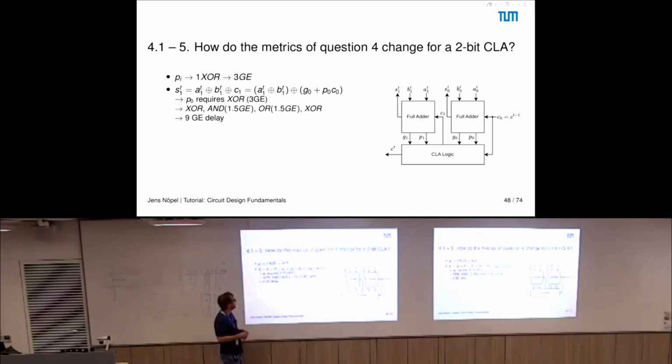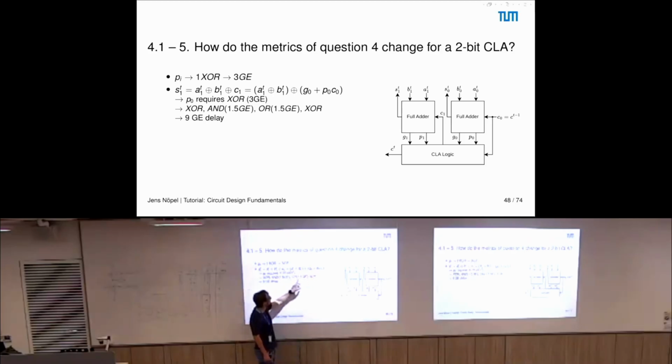And P0, if you remember, already requires one XOR. This is the one here. Then we have a look at this formula here. We start with the most nested one, because here we also have this AND operation between P0 and C0. This is this one. Then we OR this together with G0.